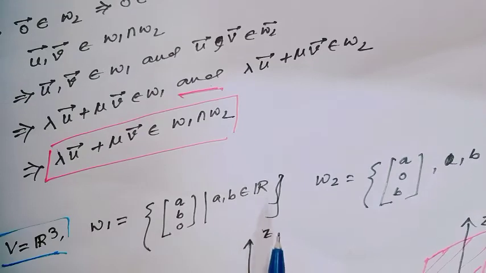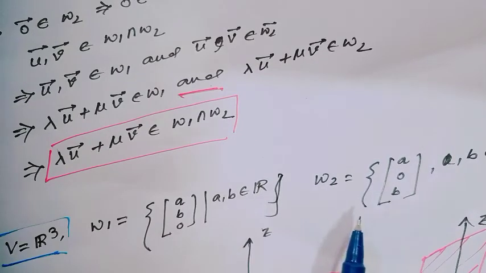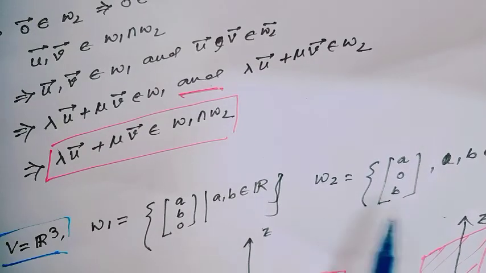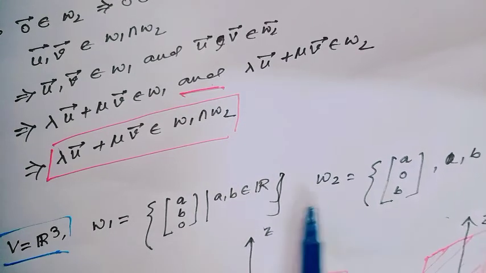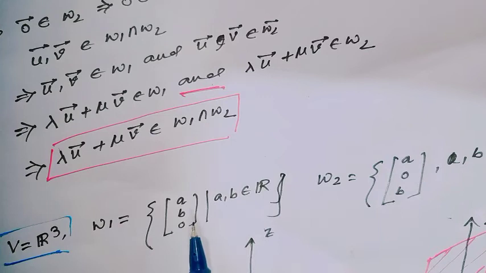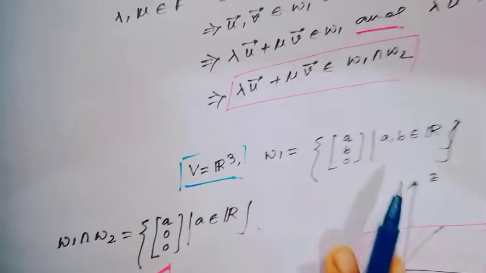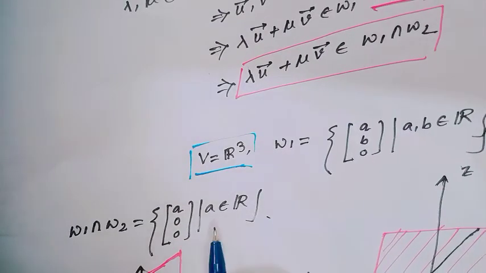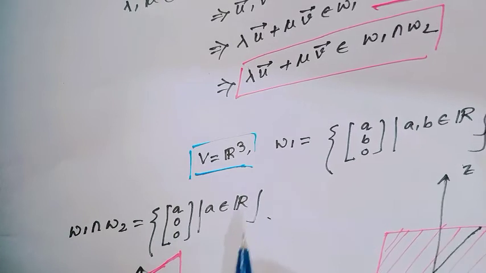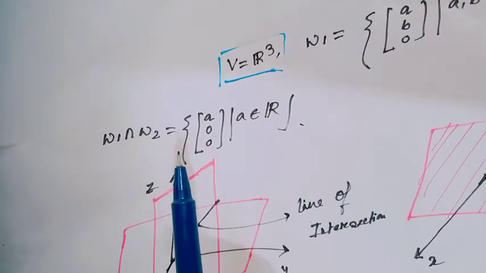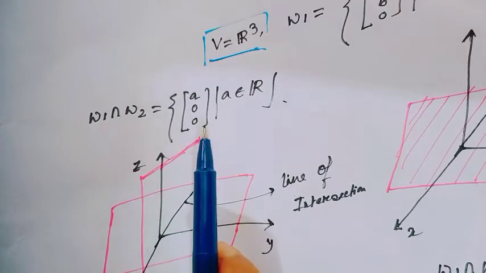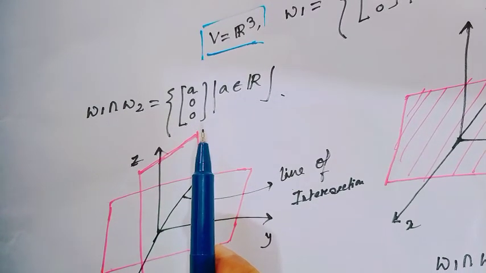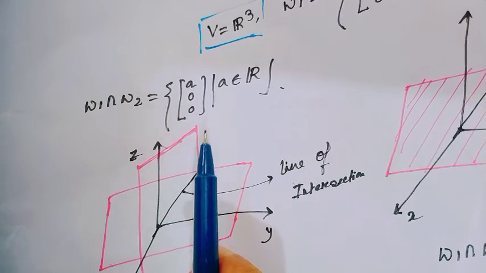What would be W1 intersection W2? Notice, it would be only the set of vectors (a, 0, 0) where a belongs to the real numbers. And in R3, the set of vectors (a, 0, 0) means only the x-axis.